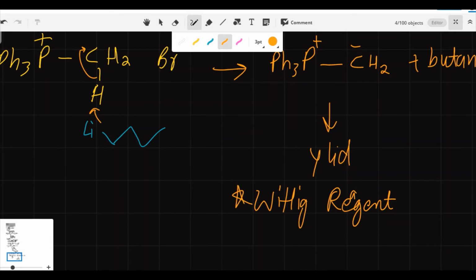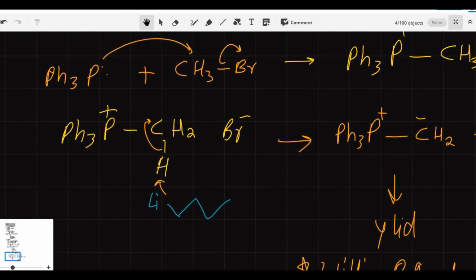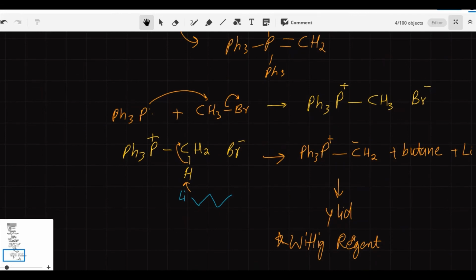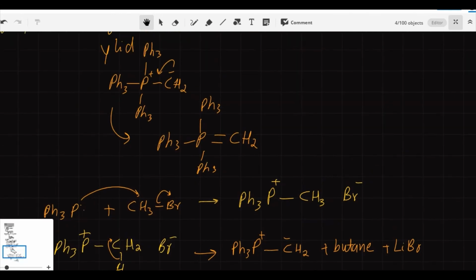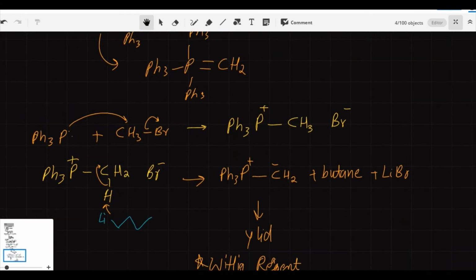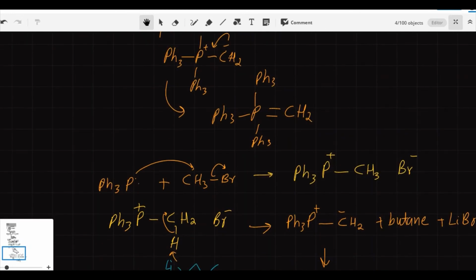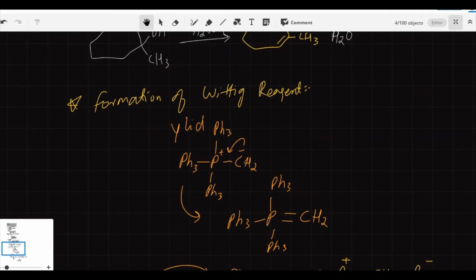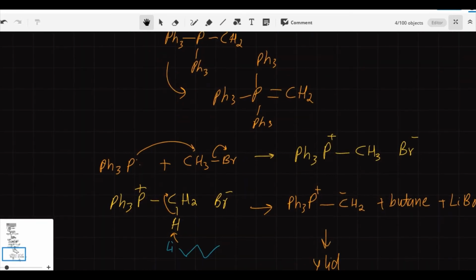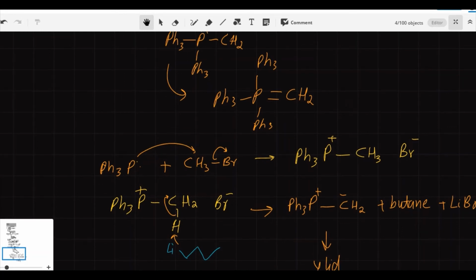So that is our second step, in which we form the Wittig reagent using triphenylphosphine and alkyl halide, along with butyl lithium, which we also used.